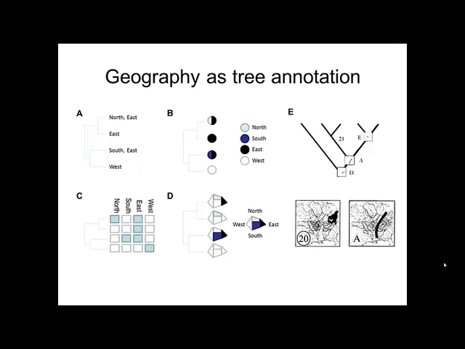We can also put a grid. So we've got the tree, and then we put colour in the blocks. So we can say this one's in the east, this one's not in the east. Or we could put some kind of schematic mini map. So this is four different ways of displaying the same information as geography on a tree, but it's just labels for areas, okay? So this is just a label.